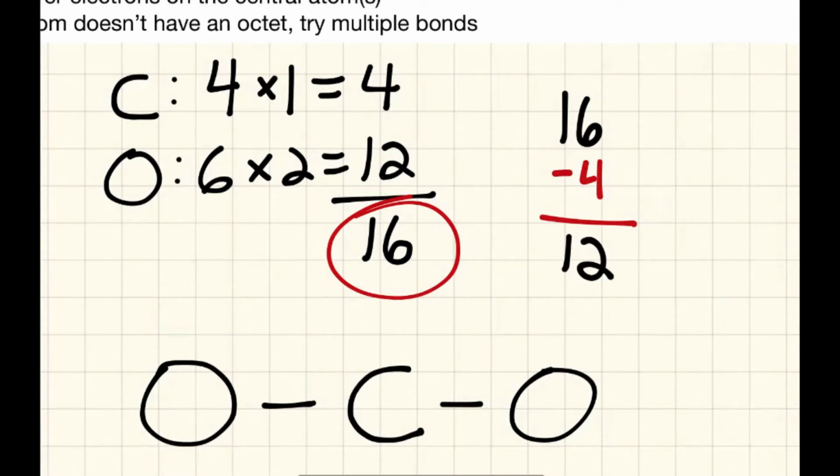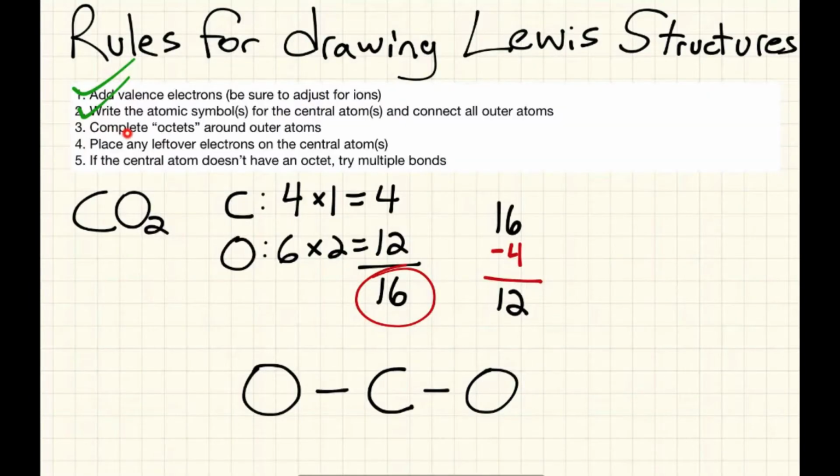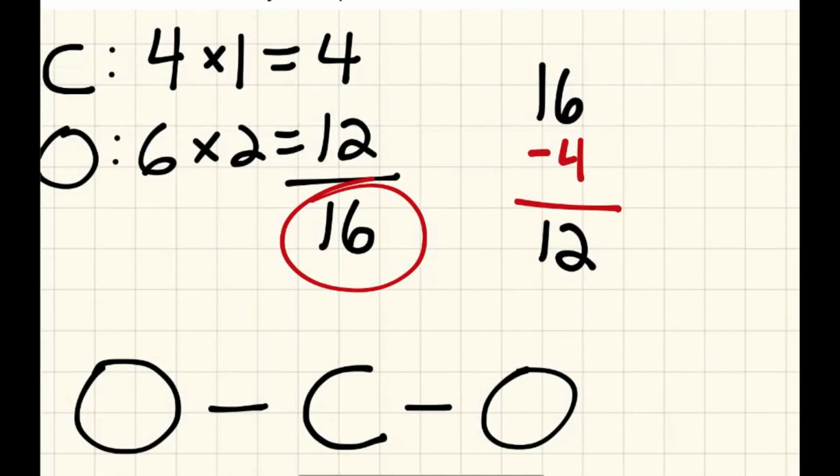Why that's relevant is that in this rule, I need to complete these so-called octets around my outer atoms. According to Lewis, we have 4 sides to an atom. This is really just a counting exercise. And what Lewis often does is place electrons as dots on each of those 4 sides. This is not something to be rigorously adhered to.